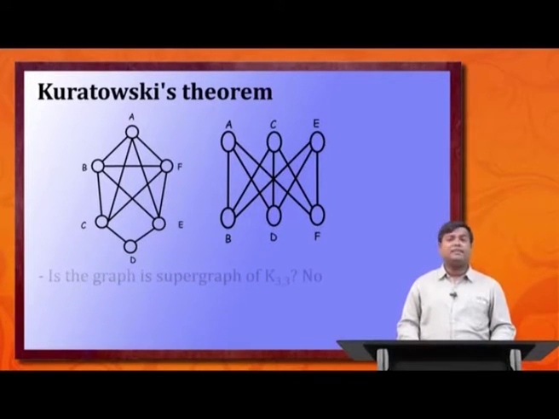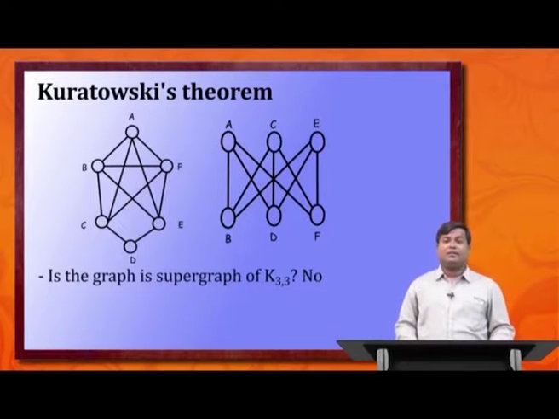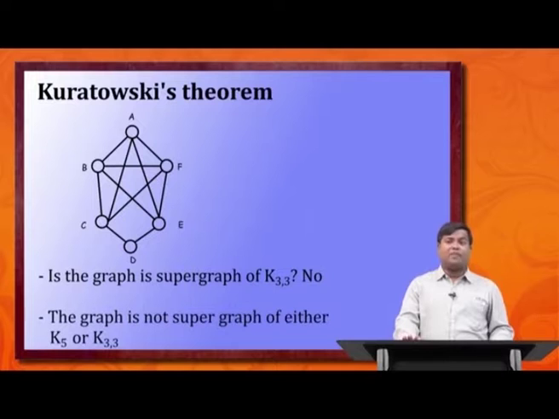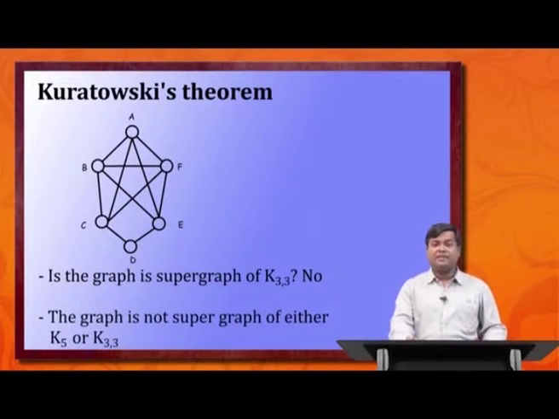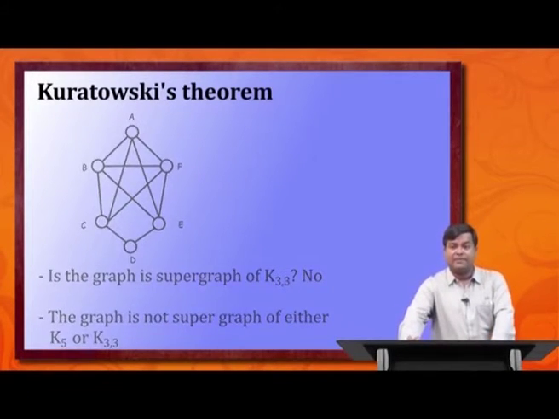So definitely it is not a supergraph of K33. So we can conclude that this new graph, which we are cross-checking for planar or non-planar, is not a supergraph of either K5 or K33. I have given the reasoning why it is not a supergraph of K33. So the final answer is the graph is not a supergraph of either of them.